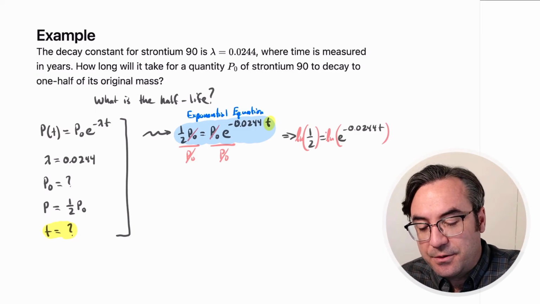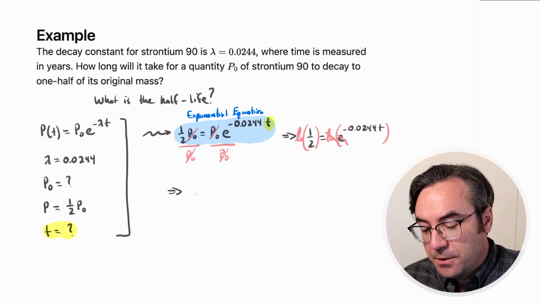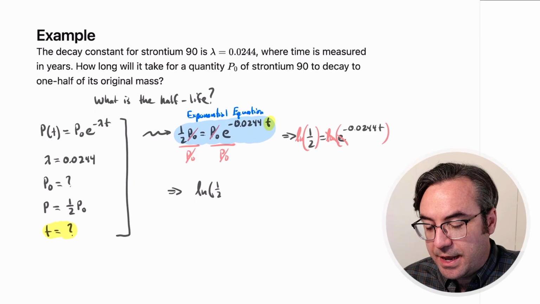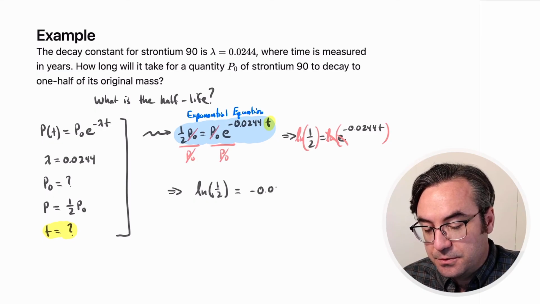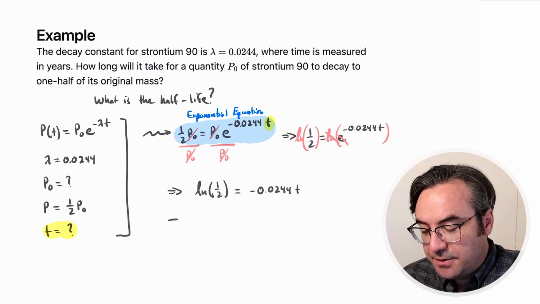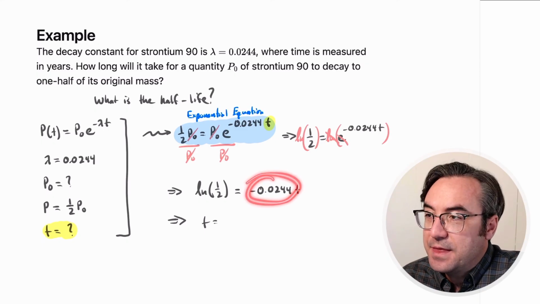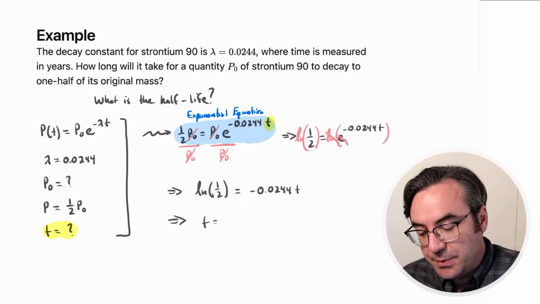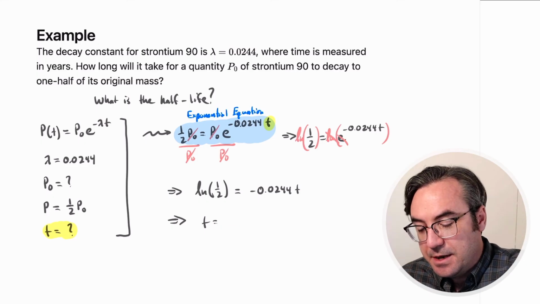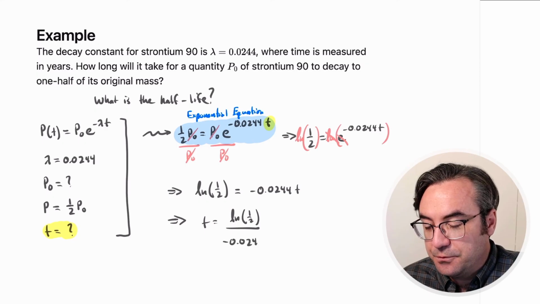And when we do that over on the right, the natural log and the E cancel out. So we end up with natural log of 1/2 equal to negative 0.0244t. And then finally, we can solve for t by dividing by that constant. So we end up with t is equal to natural log of 1/2 divided by negative 0.0244.